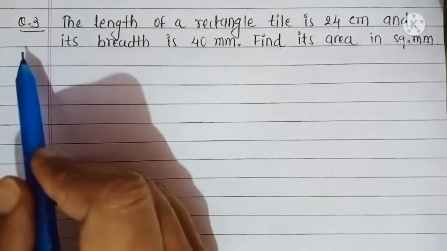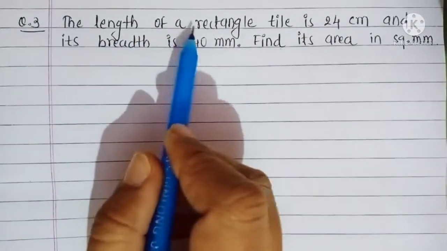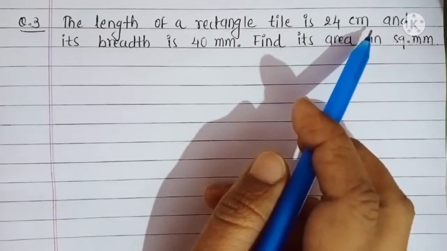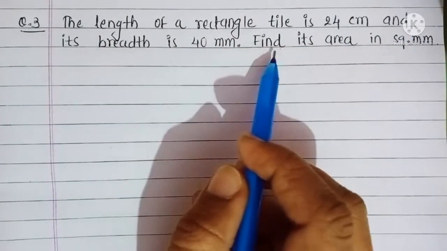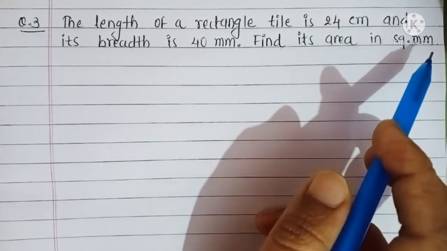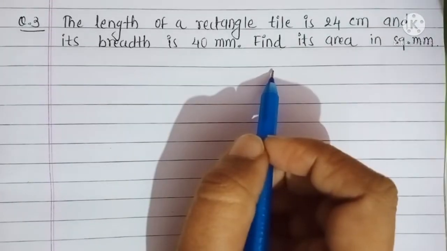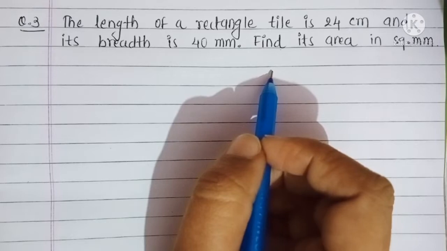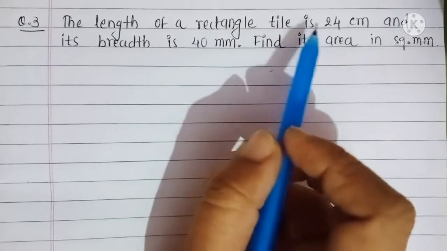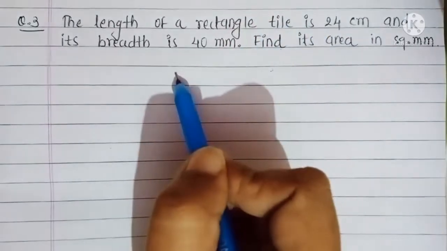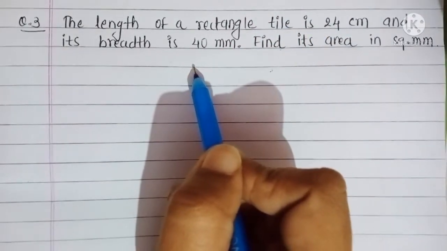Next, we solve question number 3. The length of a rectangle tile is 24 centimeter and its breadth is 40 millimeter. Find its area in square millimeter. Here we want to find area in square millimeter. That's why we convert given length of rectangle in millimeter and breadth is already given in millimeter.